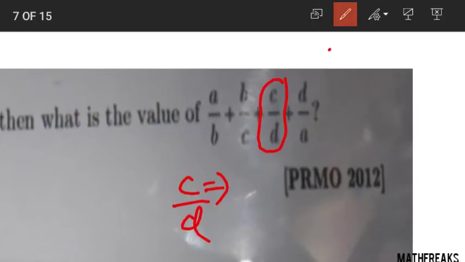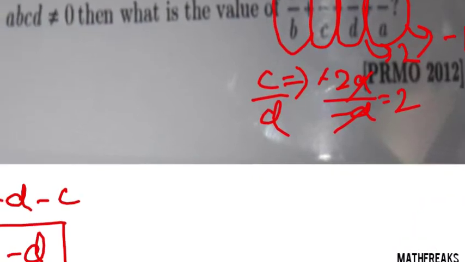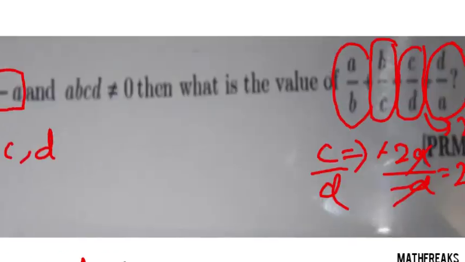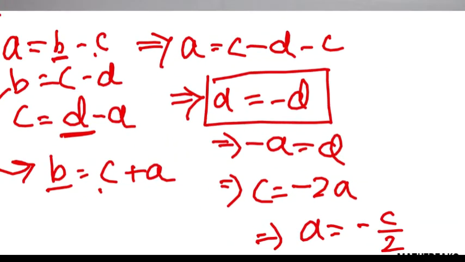So we have found the first value: c is minus 2a upon minus a, so the answer is 2 first. Now d and a, we also know this would be nothing but minus 1, and now we have to find these two values, right? So what would be the values? b upon c, b upon c.